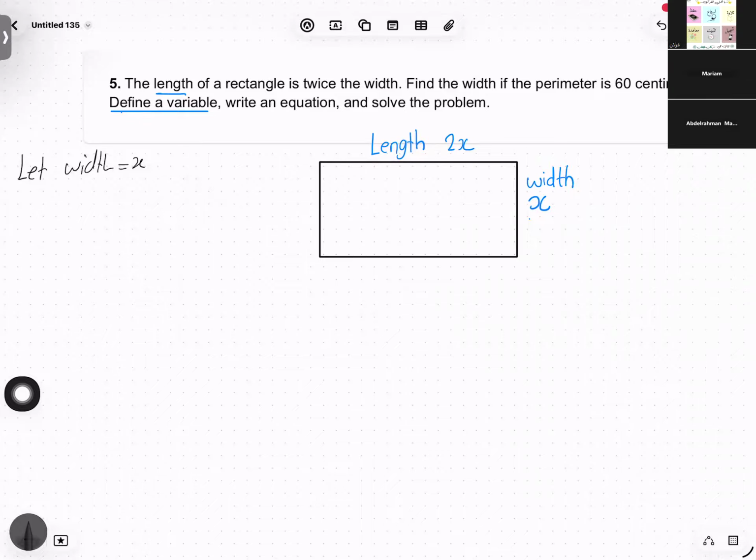Write an equation. Can you write the equation for the perimeter? What is the perimeter? It's the sum of all sides.